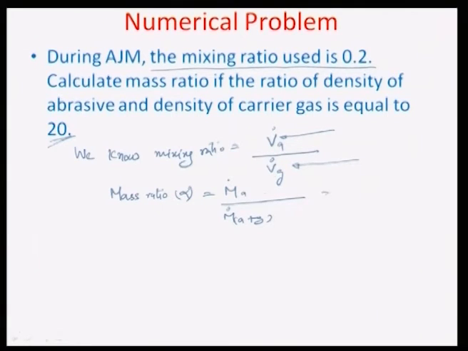If we do a simple calculation here, the mass flow rate is nothing but the density of the abrasive times the volume flow rate of the abrasive.